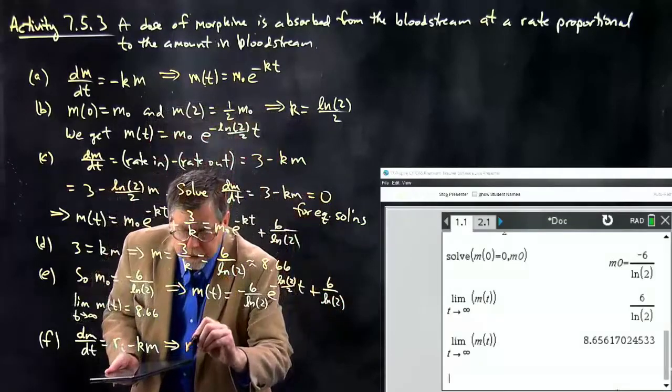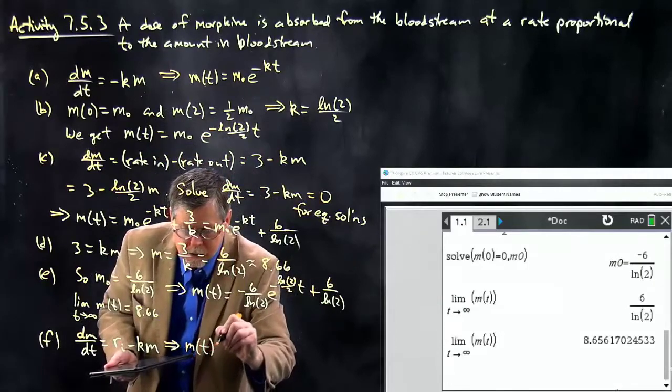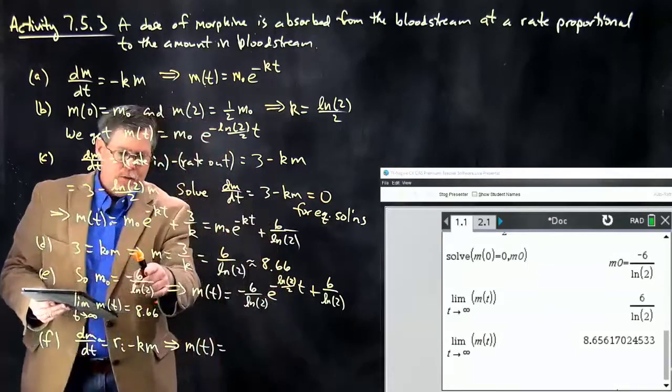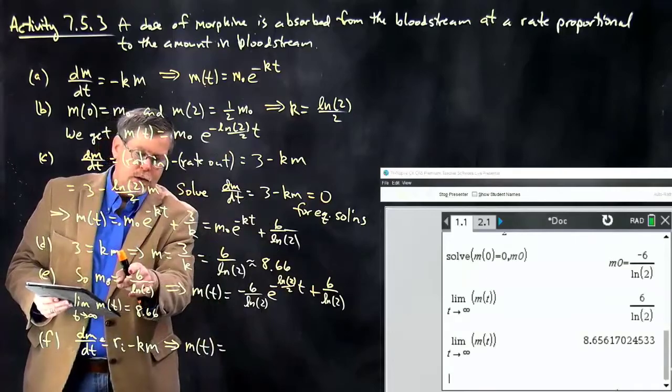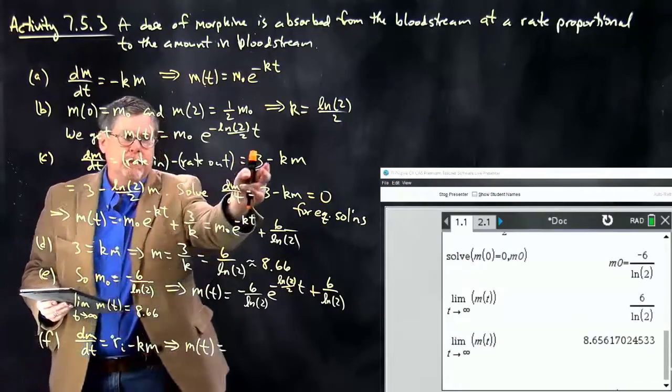So our M of t is going to be, okay, this coefficient, this 6, was really 2 times the 3 that we started with.